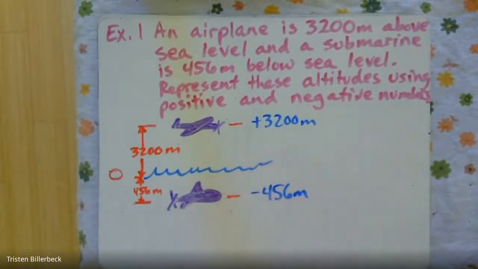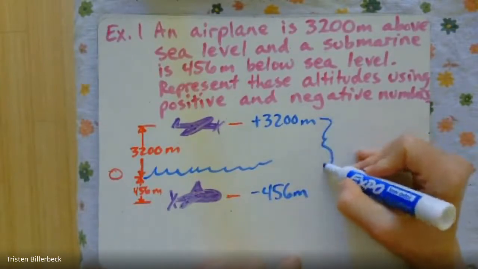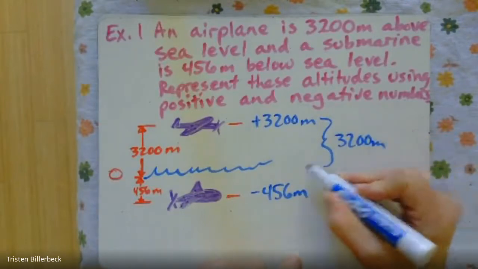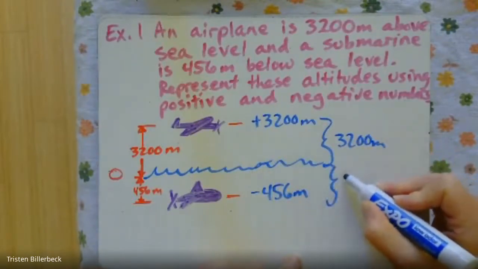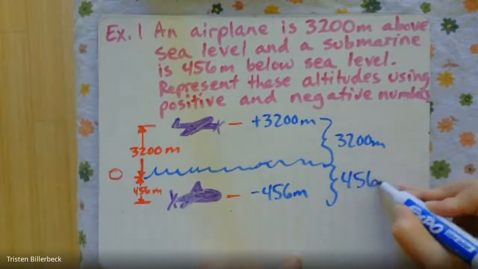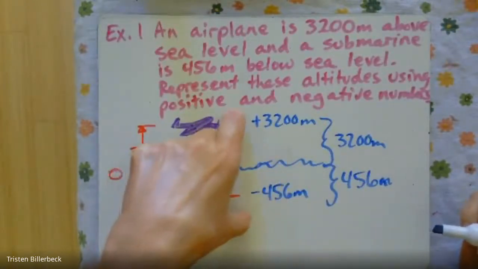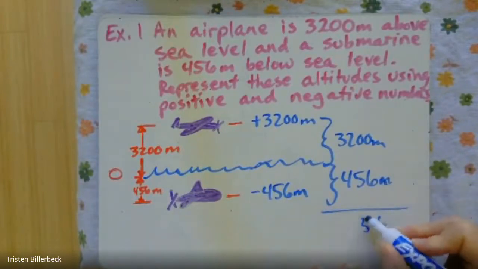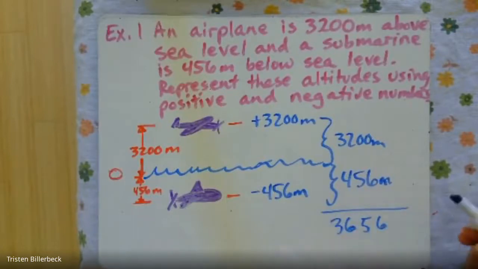If we wanted to see how far apart they were, we would take this distance to 0, which is 3,200 meters, and add it to this distance here, which is 456 meters. That's the distance apart they are. So when we add this, they are 3,656 meters apart.